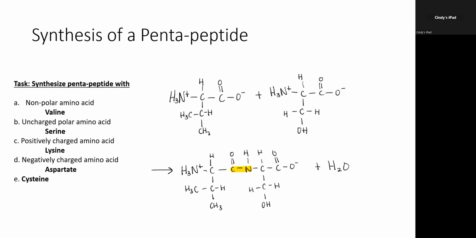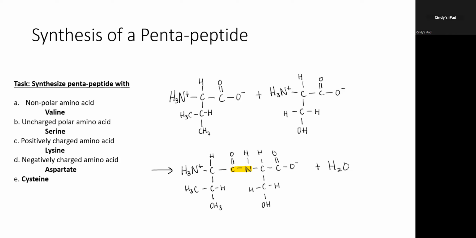I'm going to talk a little bit about the synthesis of amino acids. For our assignment, we had to create a pentapeptide that ticked all of these categories that needed to be included.